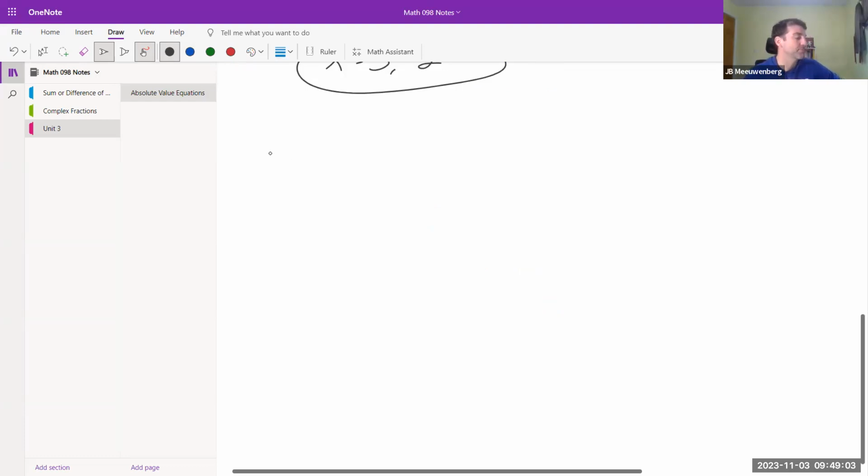What if we have 5 times the absolute value of y plus 1 is equal to 30. So take a look at this and you'll see here's our equal sign. We've got absolute value over here, but we also have this number out front, 5 times this thing. So I will just let you pause and consider what might you do here? What do you think you might try?